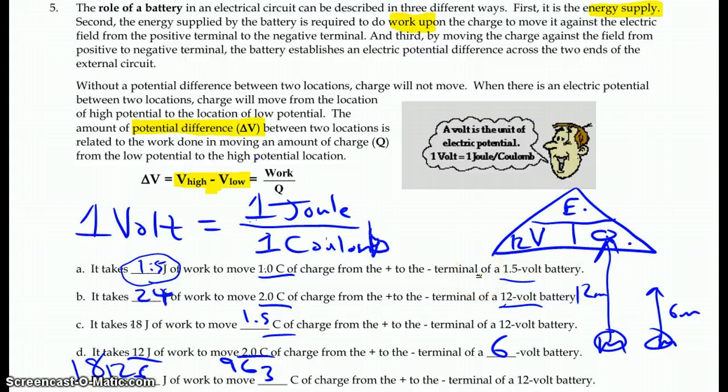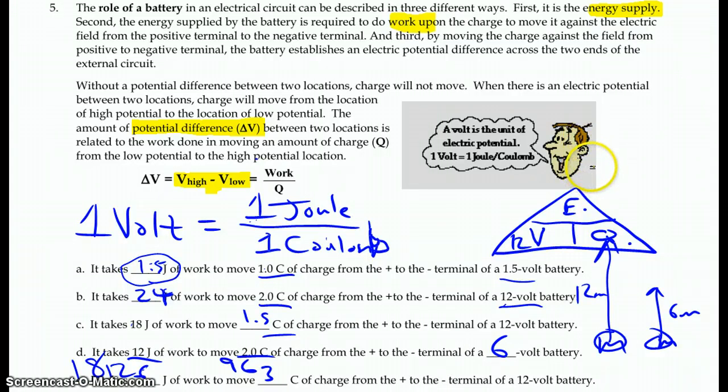It could be decimal values, just as long as the ratio of the charge that we move to the energy necessary to move the charge stays the same. So you can have a AA battery, which is pretty small and has a potential difference of 1.5 volts, and then you can have a D cell battery, which when you look at it is much larger, but it still has a potential difference of 1.5 volts.